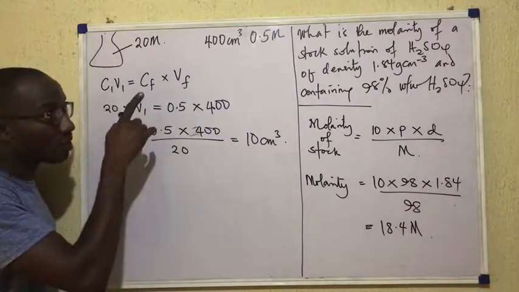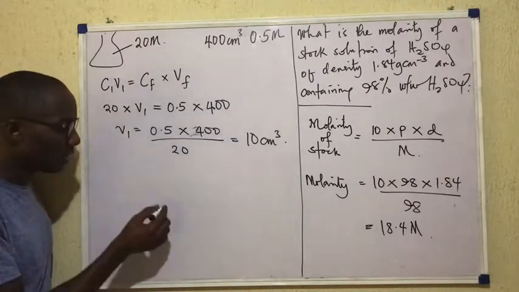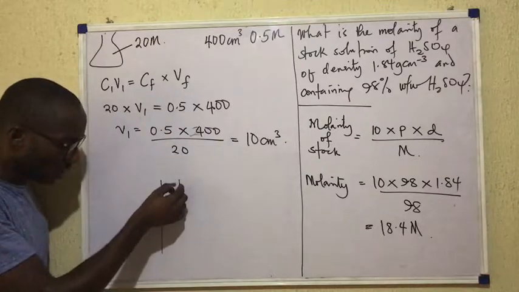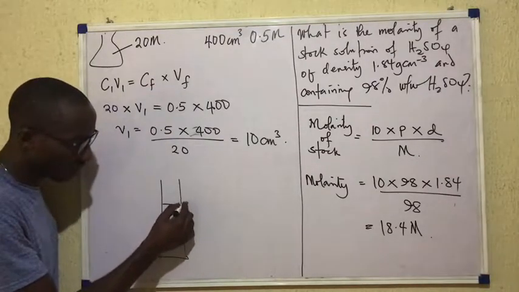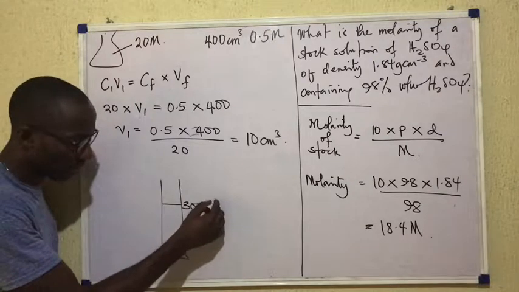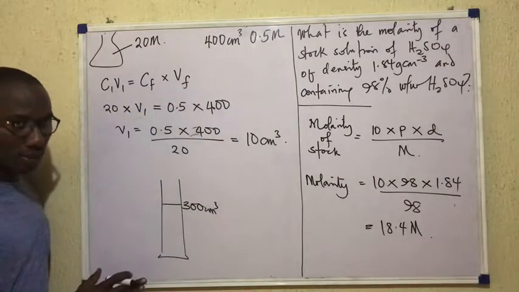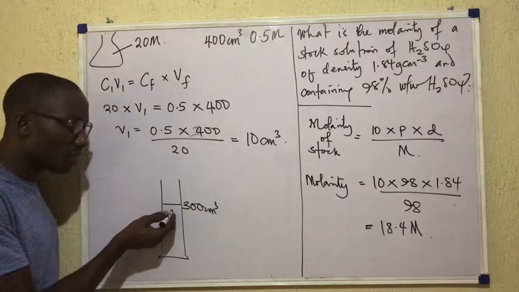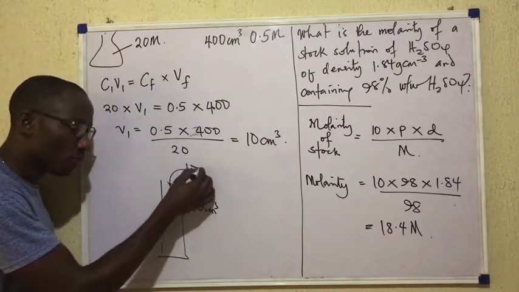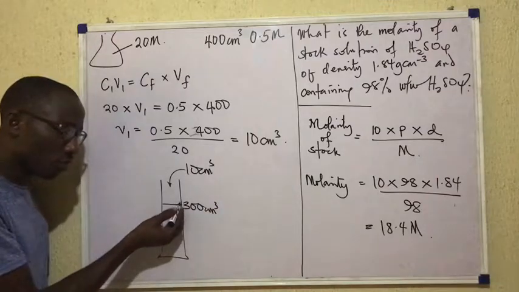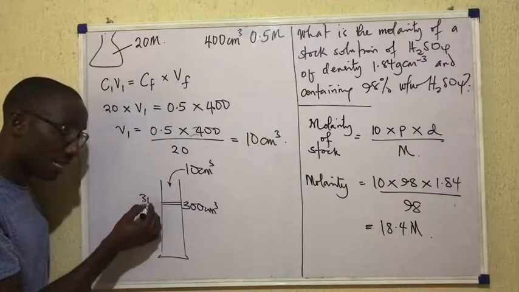Typically, because I know I am headed for 400, I could take a measuring cylinder and put water in it up to, let's say, the 300 cm³ mark, distilled water. Then to this 300 cm³, I am going to pour in 10 cm³ of stock, and that means the total volume here will rise to around 310.